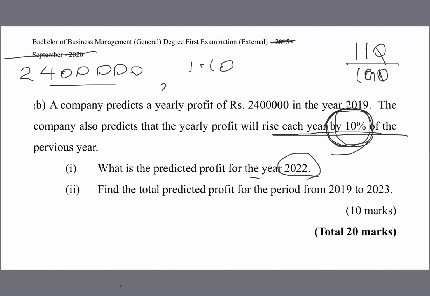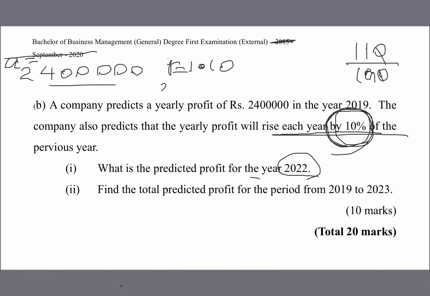So this is now our A, the first term. If it is a geometric series, we use R for the common ratio, common ratio 1.10. So now we know the series and its R and A. Then what is the predicted profit for 2022?